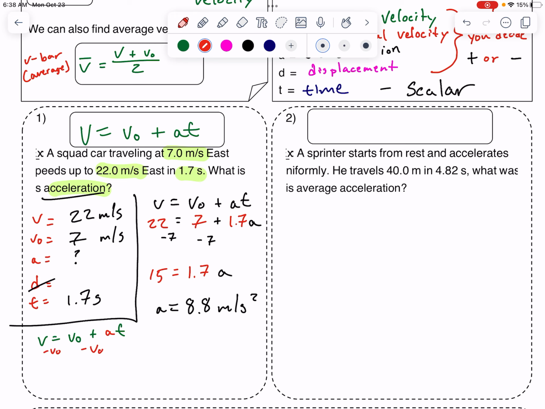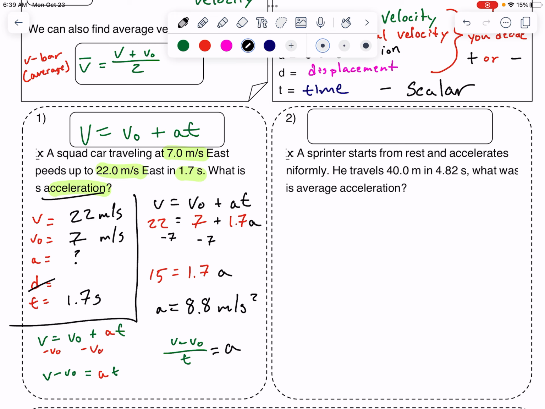So I get V minus V0 equals a times t, and divide both sides by t. And then I get V minus V0 divided by t equals a.